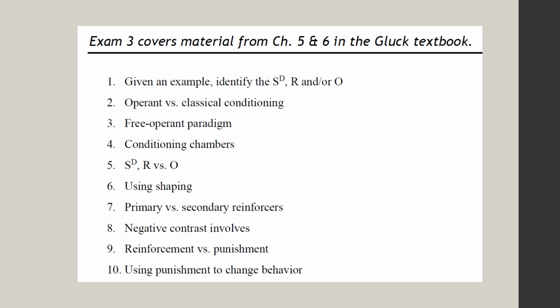In one case, they're unavoidable. In the other, you have to make the response in order to get the outcome. Just make sure that you know which one goes with which.